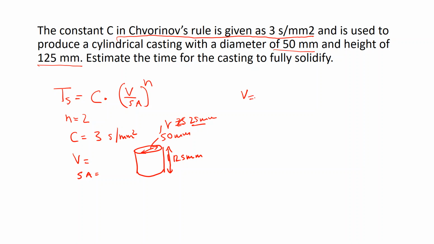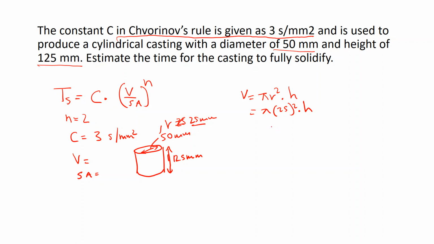The volume of any cylinder is given as pi r squared times h. In our case, the volume is simply pi times 25 squared times h. You can also use the diameter, then the formula will be pi over 4 d squared times height.